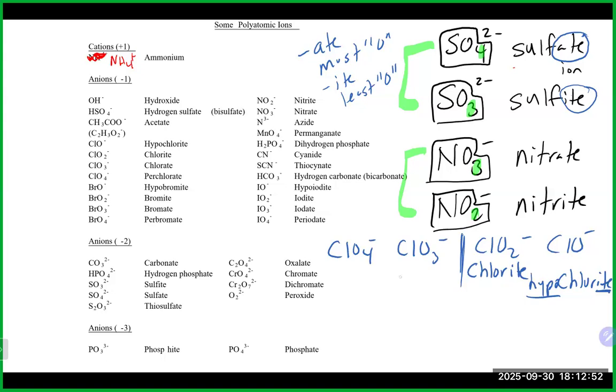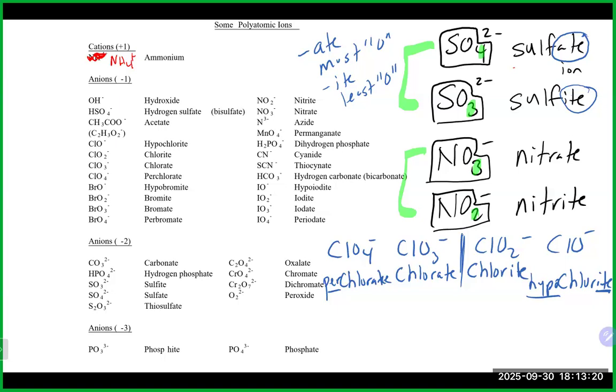We go to the left there, kind of the same idea. This would be chlorate because that's the most oxygens. This would also be chlorate. Once again, we cannot, like before, have the same name for 2 different things. So in a grouping of 4, the one with the most oxygens will have a per in front of it. So that is perchlorate, chlorate, chlorite, and hypochlorite.